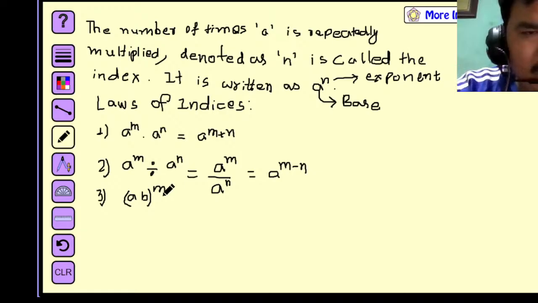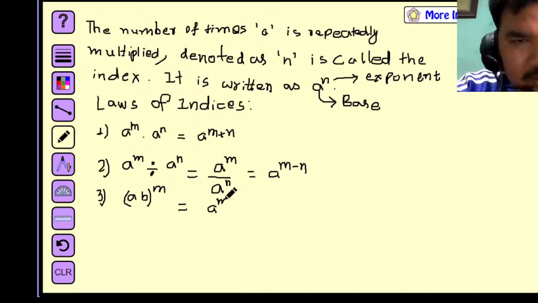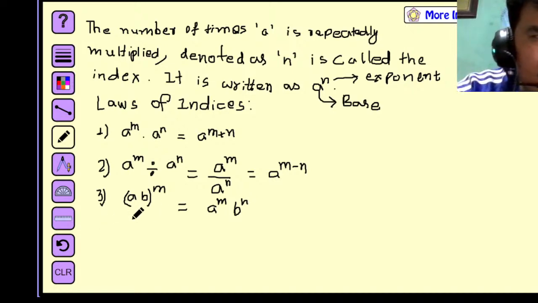The whole has power m. Then when you remove the bracket, this power m is the power of a also, and m is the power of b also. Like this.